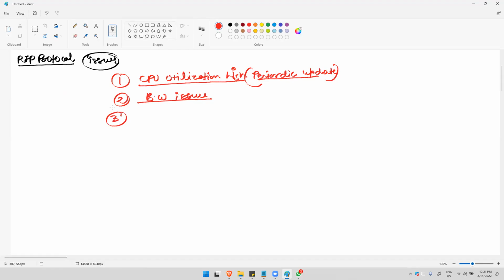We cannot specify the particular interface. Instead of that, we mention the network. Also the subnet mask we cannot read. Another issue is slow convergence, it will take time to converge. Then hop count limit in a data center, it cannot be deployed.